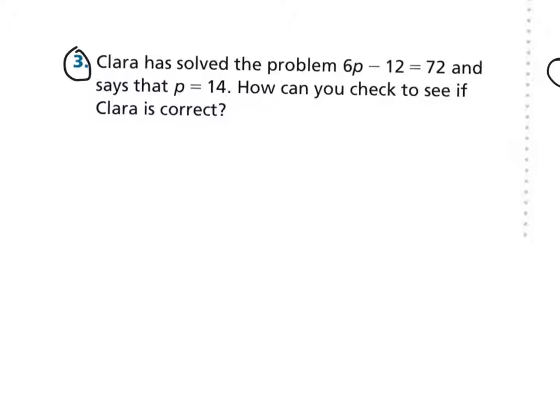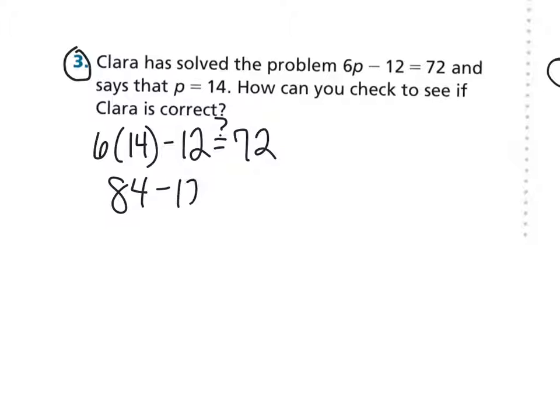One option to see if she's correct is to substitute her answer back in the original problem. And this is something you always have an option of doing when you're working problems out. If you have time, substitute your answer back in and see if it works out or not. So if you work this out, 6 times 14 would be 84. 84 minus 12.